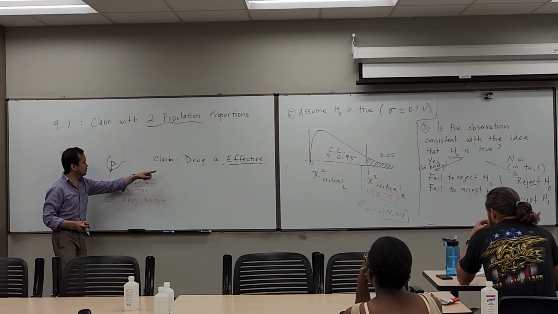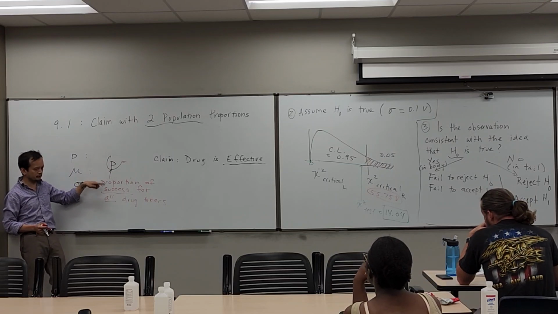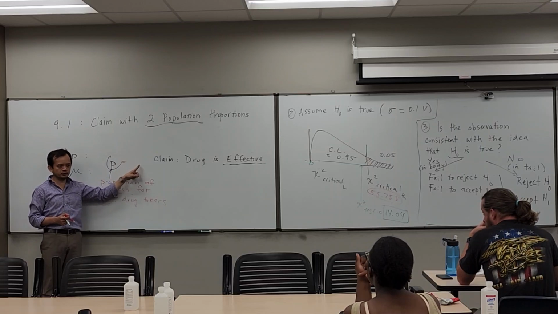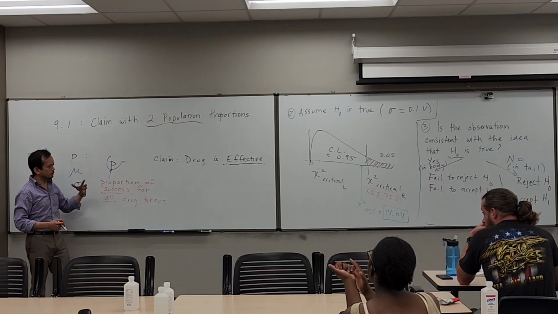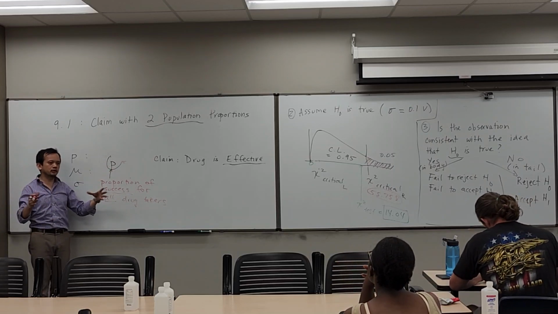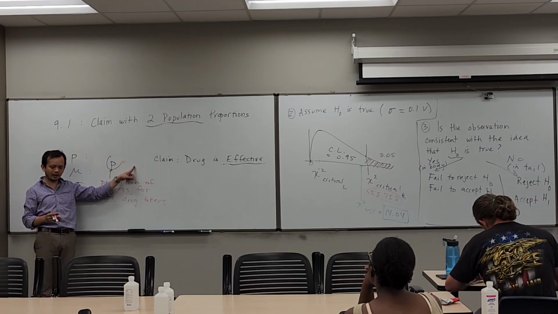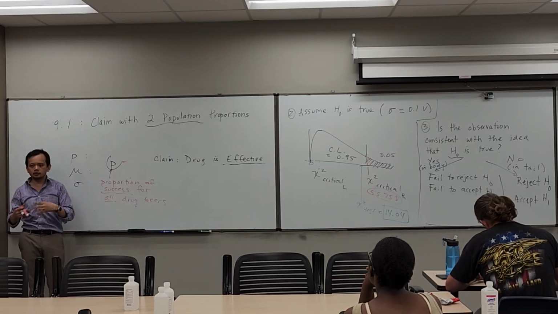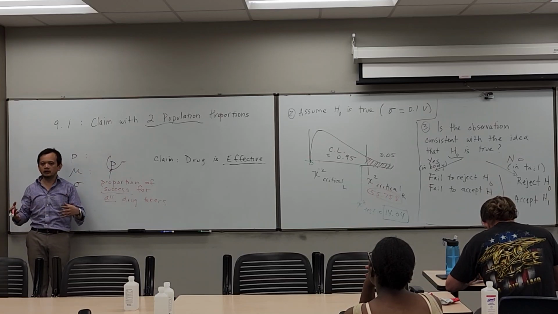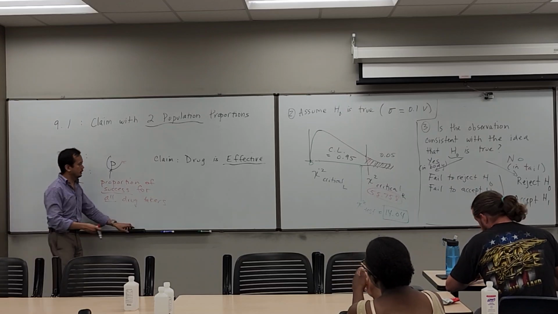So instead of just assigning this proportion of success for what success should be, like 100% or 90% or whatever arbitrary number you use, instead of just taking one population of all drug users and assigning what that proportion of success should be for that one population, we're now going to look at two populations, where one is the drug using group and the other is what we call a control group, which is everybody who hasn't used the drug.